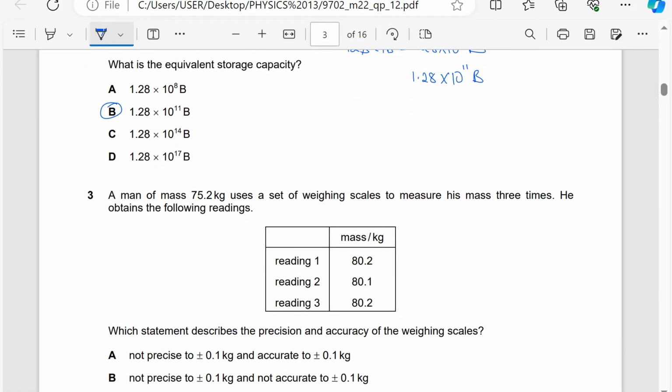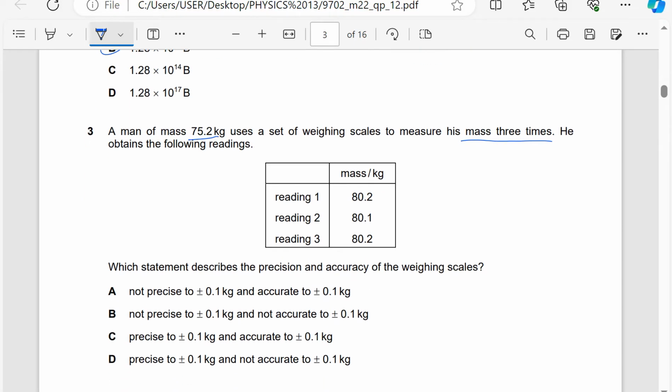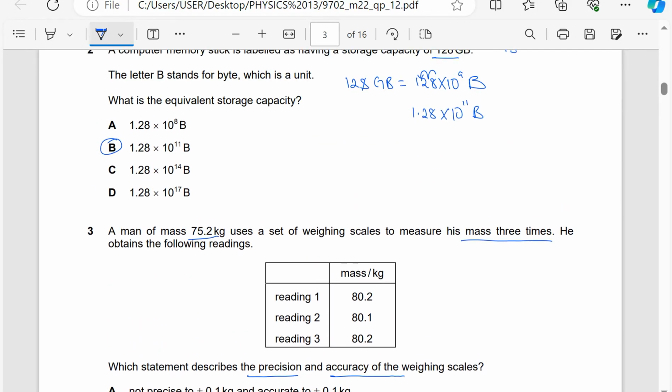A man of mass 75.2 kilograms uses a set of weighing scales to measure his mass 3 times. He obtains the following readings. Which statement describes the precision and accuracy of the weighing scales?